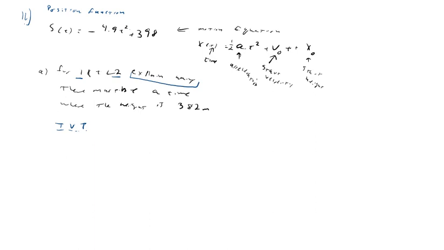So, first of all, is it continuous? Yes, it's a falling function, it's a physical action, right? This thing is falling down, the rock doesn't jump from one place to another. It is continuous because it is a physical situation.